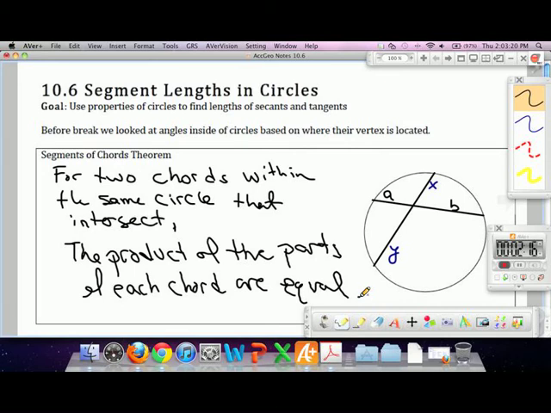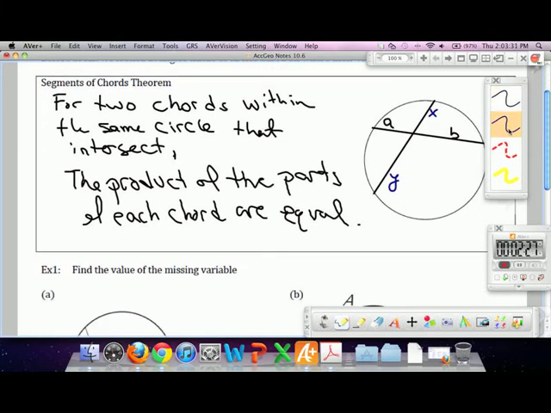So if I multiply the length of each part of the chord, those two things have to be equal for either chord. Or creating a formula out of this: from this circle, these two chords intersect, therefore the product of each of the parts is equal. Or A times B is equal to X times Y. That would be a formula that we could come up with via this theorem.